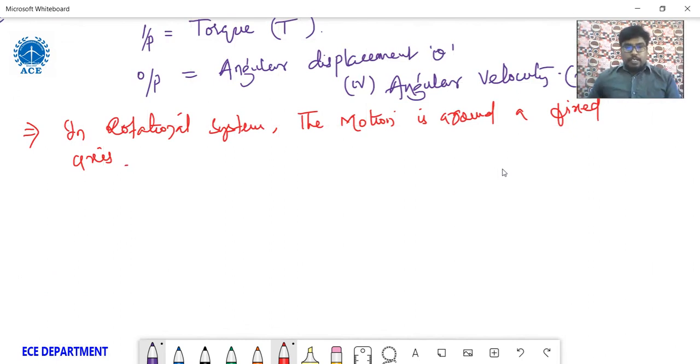What are the variables of a rotational system?